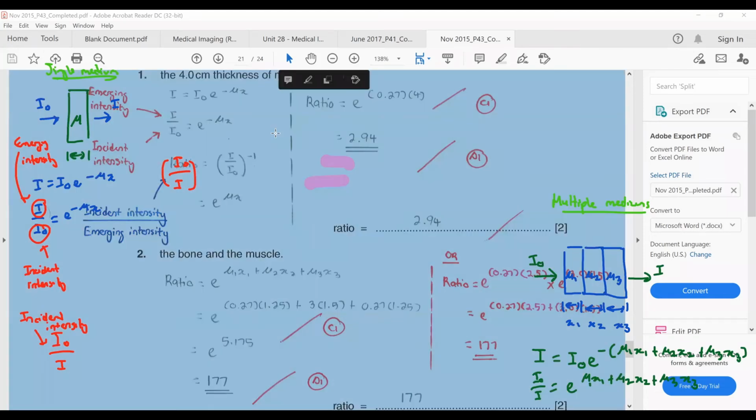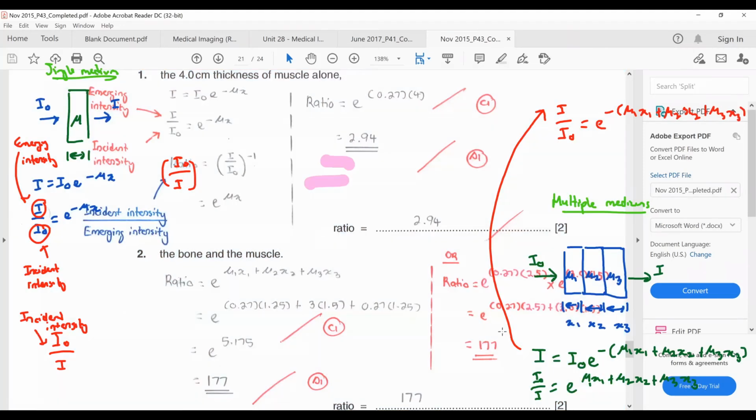Okay, this one is your maths work. It is not wrong to say that I over I naught is equal to exponential negative mu1 x1 plus mu2 x2 plus mu3 x3. Nothing wrong with that. But for the question, I'm trying to shift this so that I can match it.